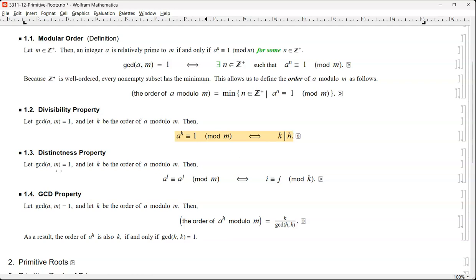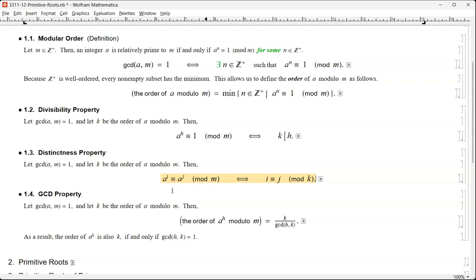Next. Again, a and m are relatively prime, and k is the order of a mod m. Then a to the ith power and a to the jth power are congruent mod m if and only if i and j are congruent mod k. So mod m versus mod k, what's going on here? Well, here a to the i power and a to the j power, here we do a bunch of multiplication with the same base.